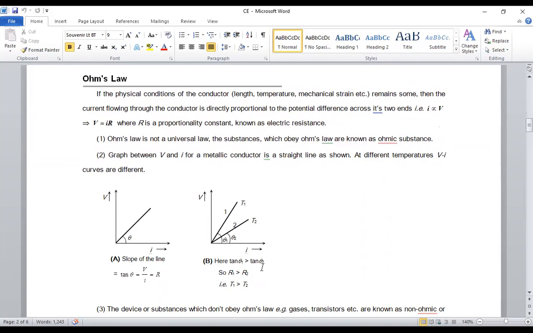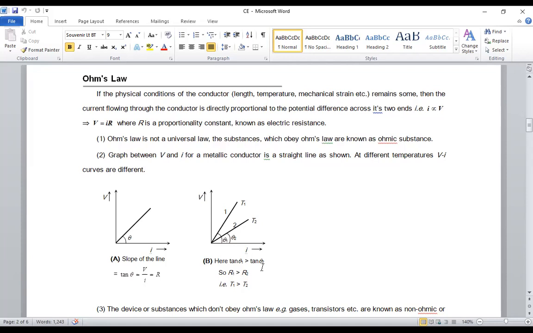Okay, so mathematically I can write it as V is equal to I into R, where I is the current and R is the proportionality constant called resistance.